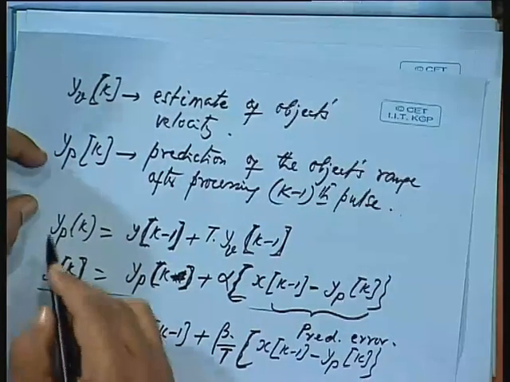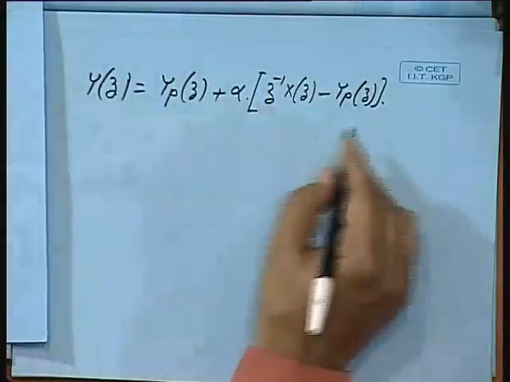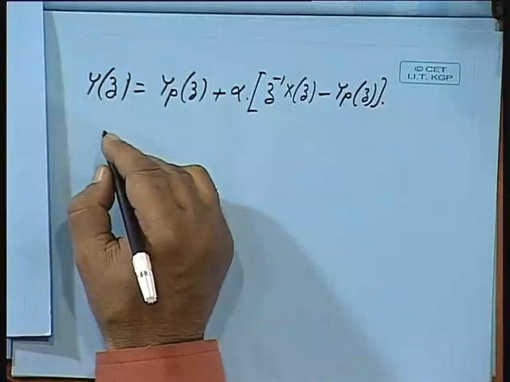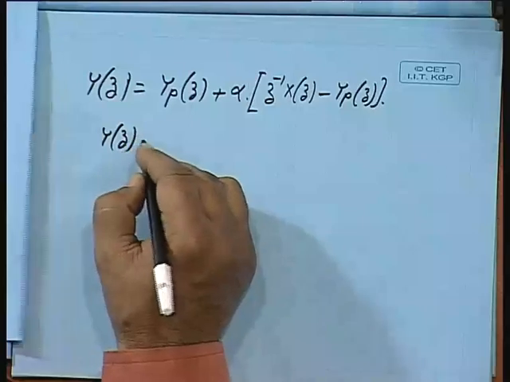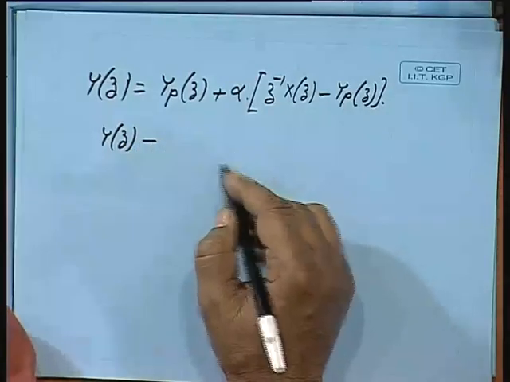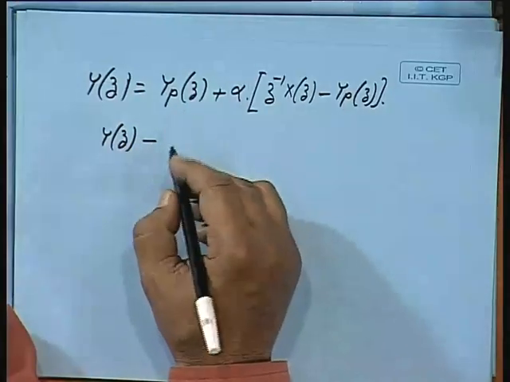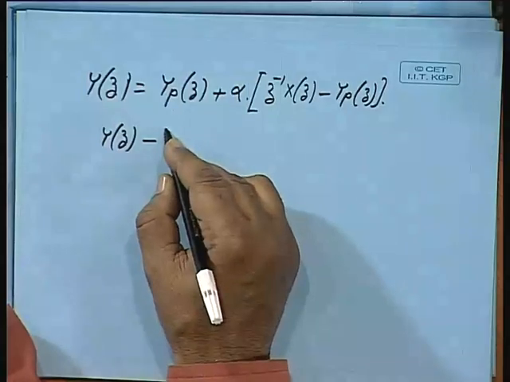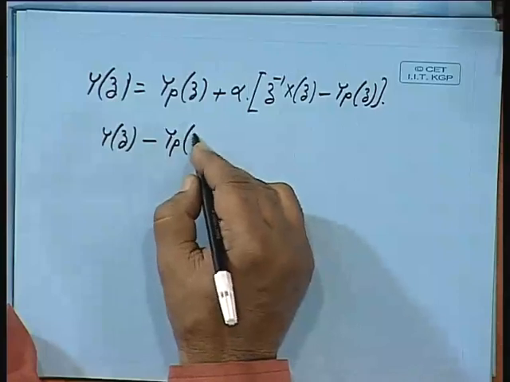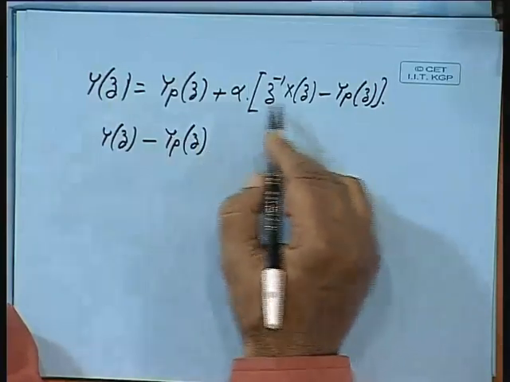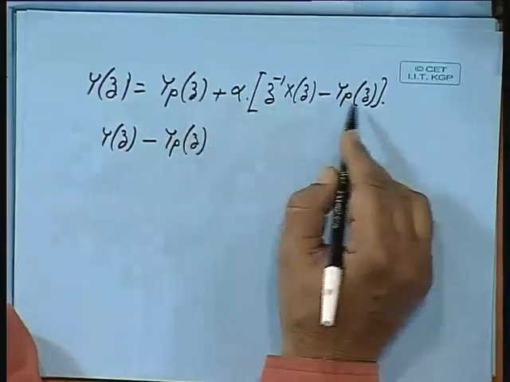Similarly, the first equation here will give me yp z. Okay, let me arrange these. It will be y z minus yp z into 1 minus alpha.